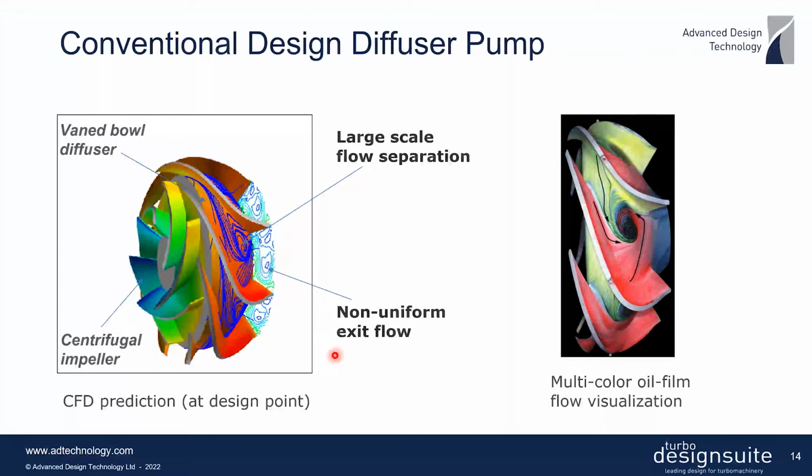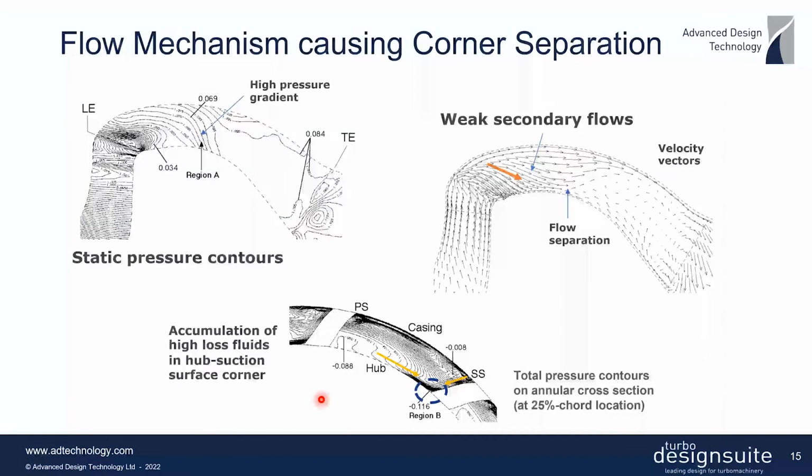And then what they did is to use this detailed CFD of the baseline conventional stage to try and understand what is actually happening. And as we saw, it's a very complex three-dimensional flow analysis, and you really need to think very carefully about what's coming out of your CFD. What I'm showing here then is three different sets of results.